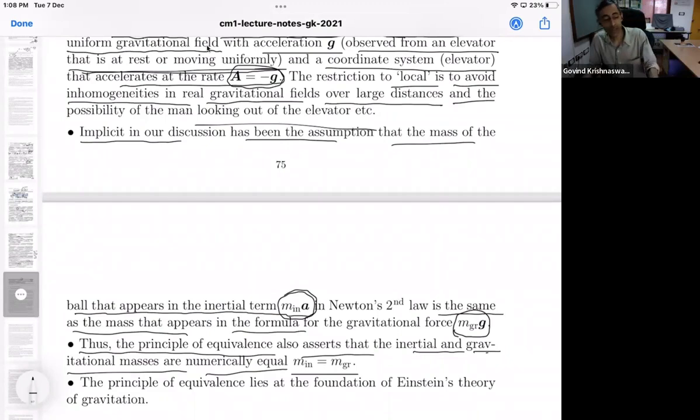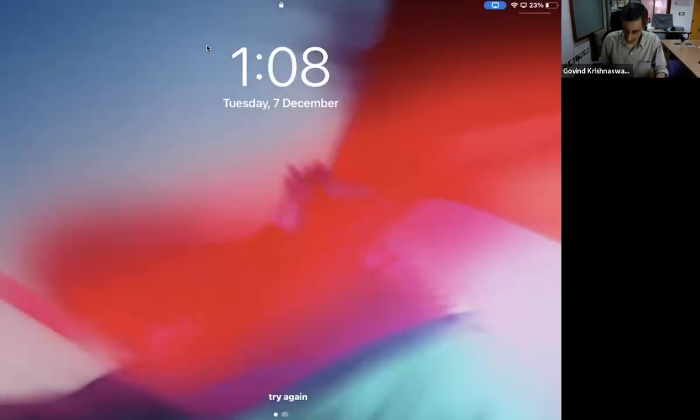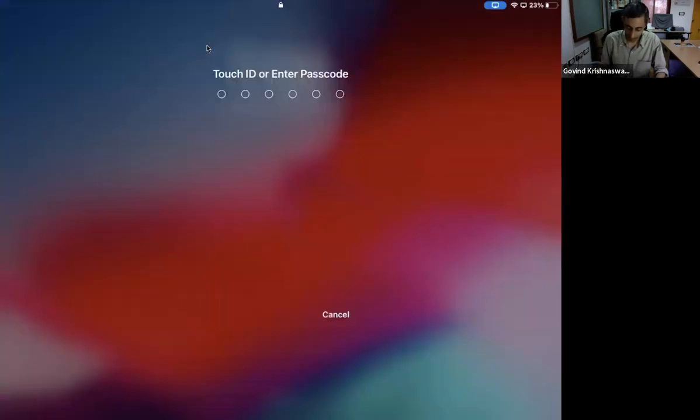See, the question is that if by no physical experiment you can distinguish the two, then in what sense can we say they are different? So one is trying to take that very seriously.